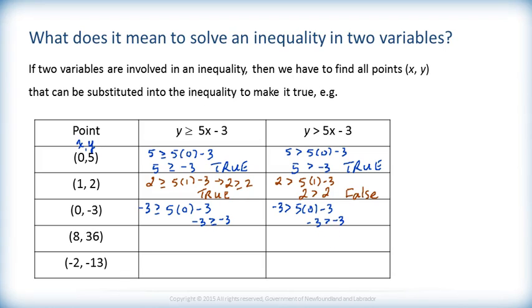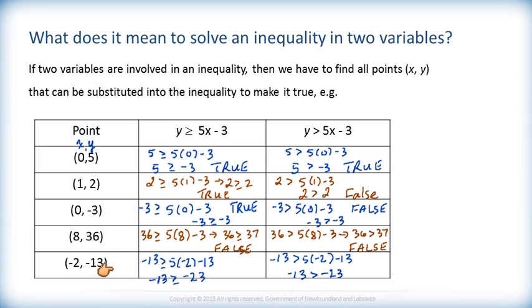That's false. For the next one, when I substitute 8 and 36, I will wind up with 36 greater than or equal to 37. That's false. Of course, if it's false there, it's going to have to be false over here. For the last one, if I put in negative 2, negative 13, I wind up with negative 13 greater than or equal to negative 23, and yes, that's true.